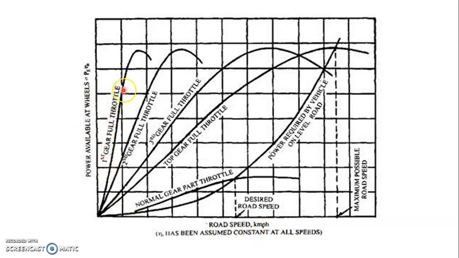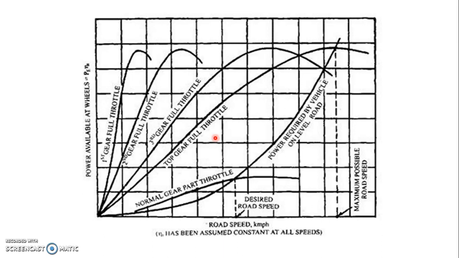For first gear with full throttle, if you observe the sketch, the road speed is less and the power available is more. For second gear, there is more speed and the power is somewhat reduced. For top gear, the same scenario occurs: it increases the speed, reduces the torque, and again reduces the power available for extra or excess work.